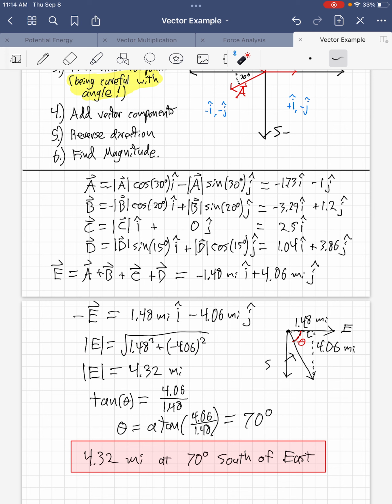And the reason we made both these values positive here is because we're interested in what this angle is. So if you flip this triangle over, we're really interested in the magnitudes. That'd still be the 1.48, and this would be 4.06.